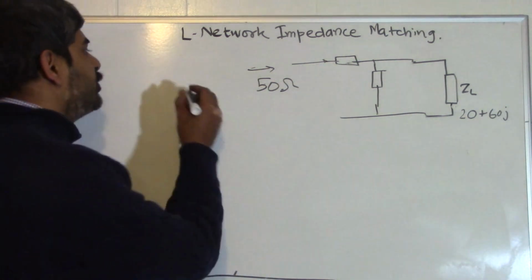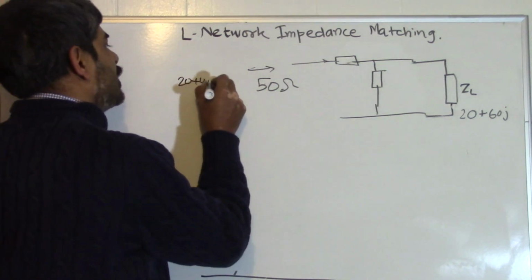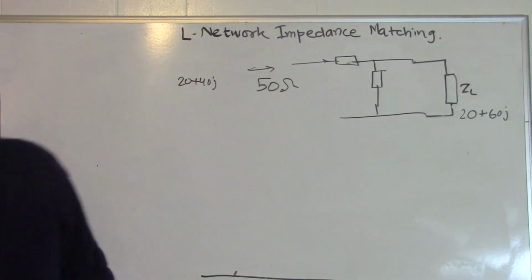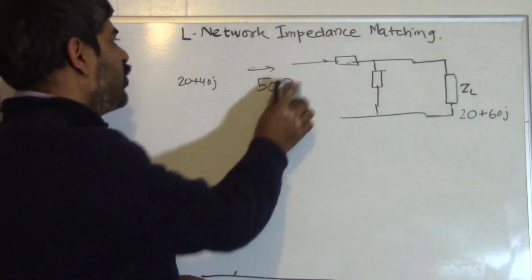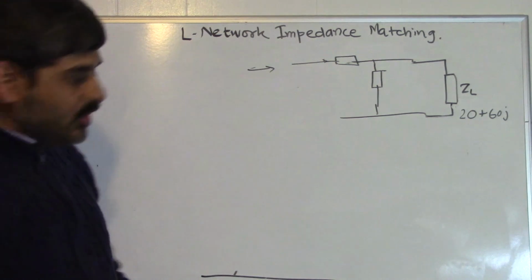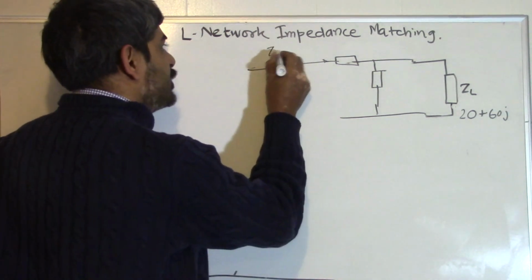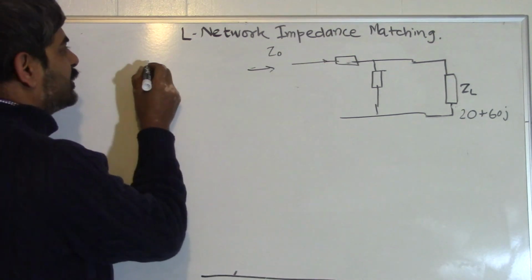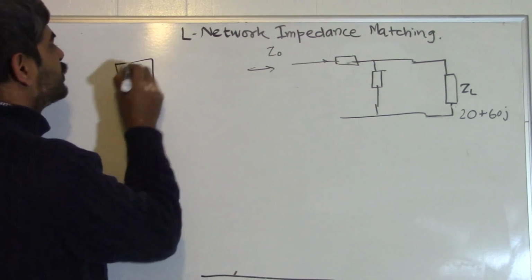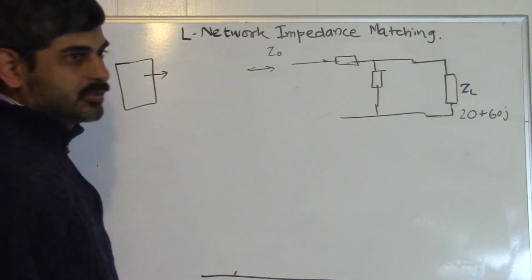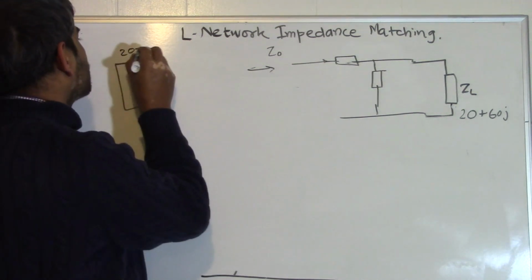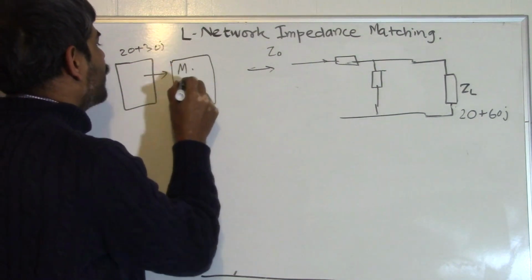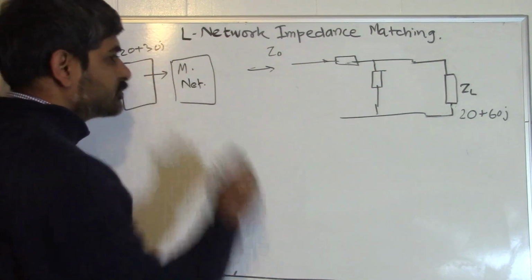For example, this could be 20 plus 40j, but we are making a simplified assumption that our source is 50 ohm, or for simplicity, we call it Z0. If we have a source which is not Z0, for example 20 plus 30j, we can add a matching network here.